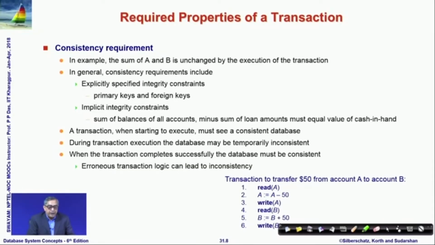So, what we assume is that a transaction when it starts to execute, it must start in a consistent database, which is correct in every respect. During the transaction, there may be temporary inconsistency. For example, if you look at instruction 4 or instruction 5, at this time the account A has already been debited by $50, the account B has not been credited by that $50.